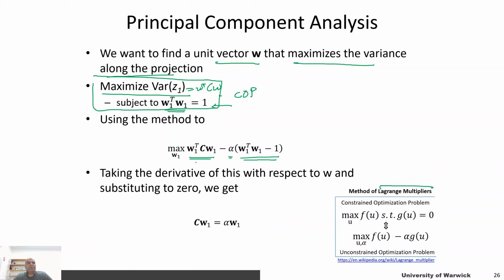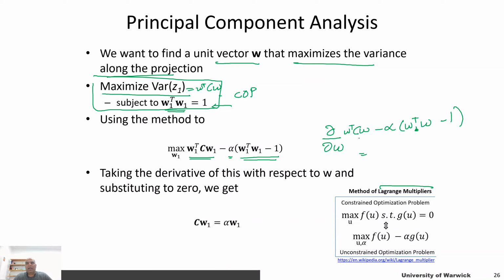Now we take the derivative of this with respect to W1, because we want to find the direction such that if I project my data along it, we get the maximum variance, right? So we take the derivative of W transpose CW minus alpha times (W transpose W minus 1).